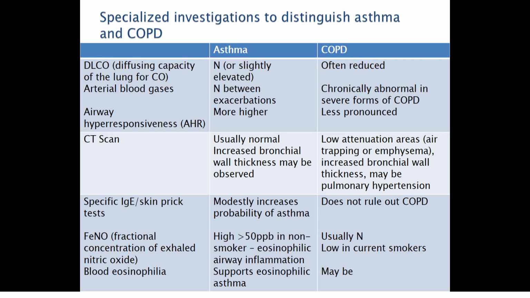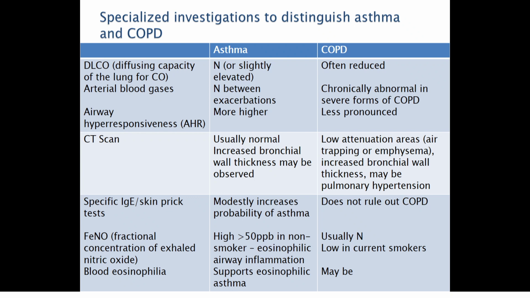It is high in non-smoking eosinophilic airway inflammation. In case of COPD, it is usually normal. More severe inflammation is in asthma, and fraction of exhaled nitric oxide suggests more significant inflammation. So in case of COPD, inflammation is present but not so active, so it is usually normal.